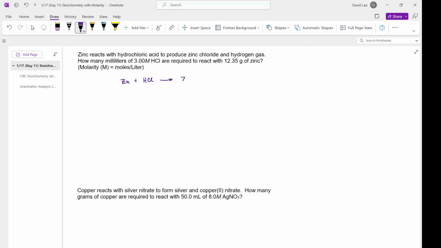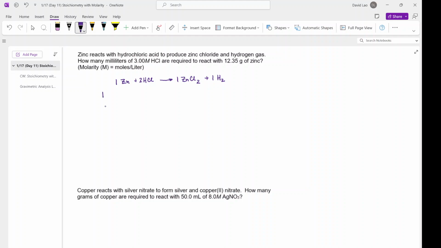You might recall zinc chloride has a 2+ charge, and chloride is a halogen with a -1 charge, so it should be ZnCl2. And then we also form some hydrogen gas. Hydrogen is a diatomic, so we write it as H2. We write all our species out, and then add in our stoichiometric coefficients. By inspection, this is going to be 1, this is going to be 2, and then this will be 1, and this will be 1. So everything looks like it's balanced.